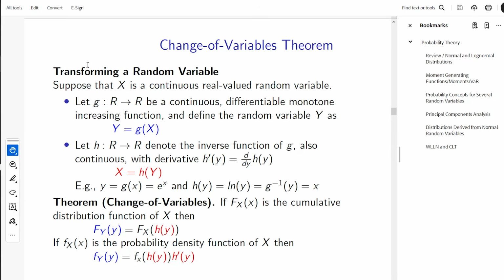Well, we can think of a random variable x being transformed to y with the function g, and then we can consider the function h, which is the inverse function of g.